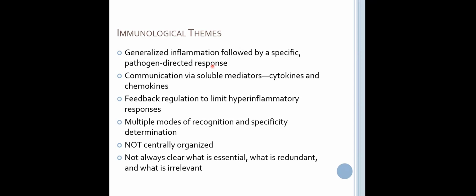And the specificity of the response only grows with time as the response develops. A lot of how the immune system functions is communication via soluble mediators, and these are proteins that are secreted from cell to cell to direct the function of certain cells, the trafficking of certain cells, and the behavior of even non-immune cells.